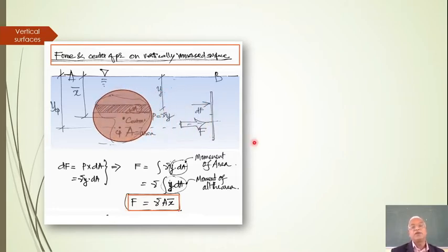In case of a vertical surface, whether you draw it this way or this way hardly matters, because the depth of centroid and the depth of center of pressure all remain the same. Only thing is, when the surface is not vertical, then it creates a problem. We'll see that at a later stage.